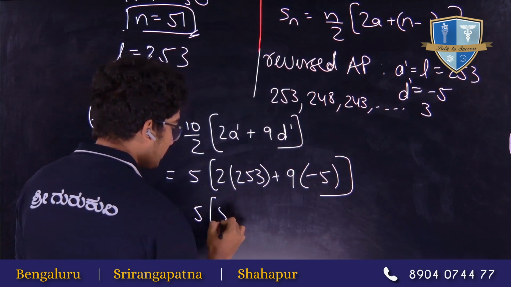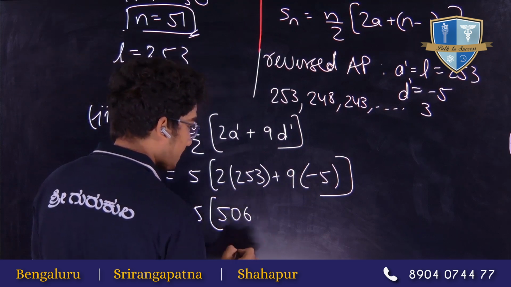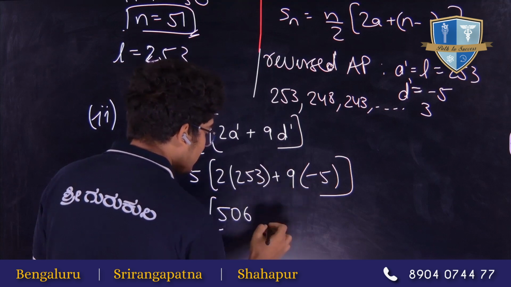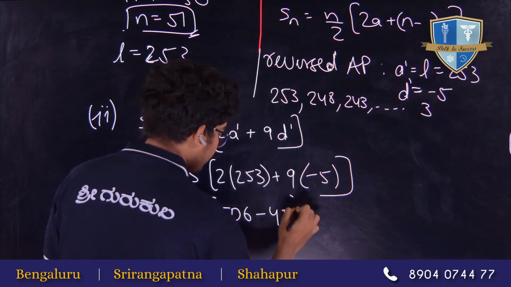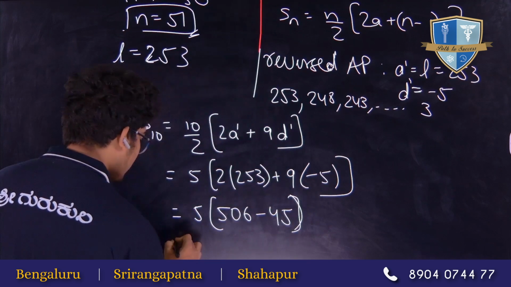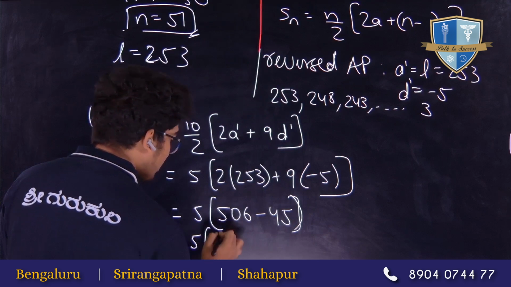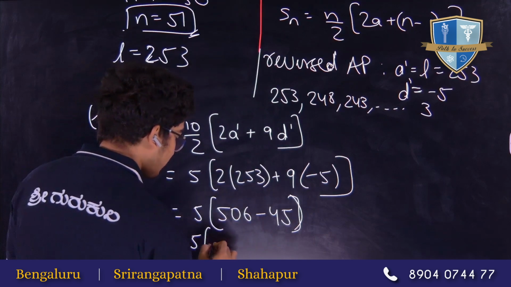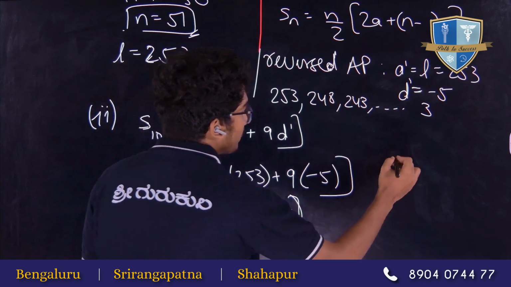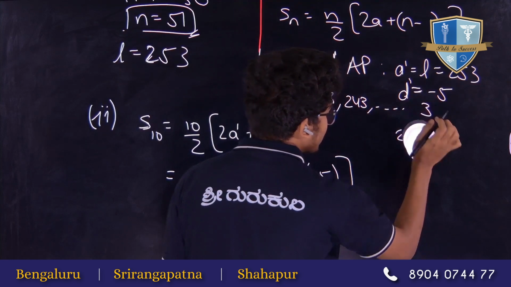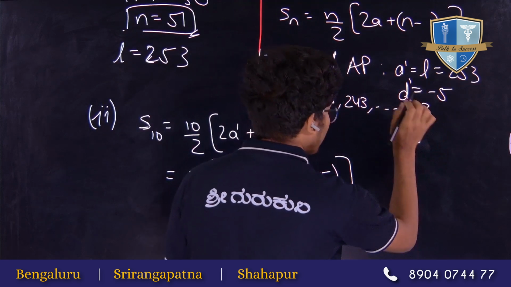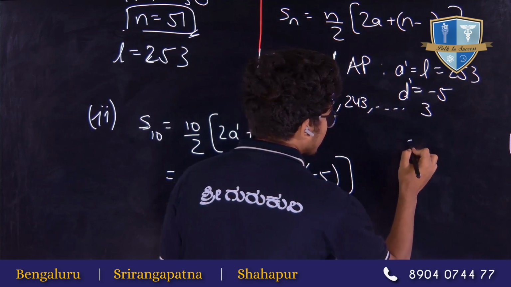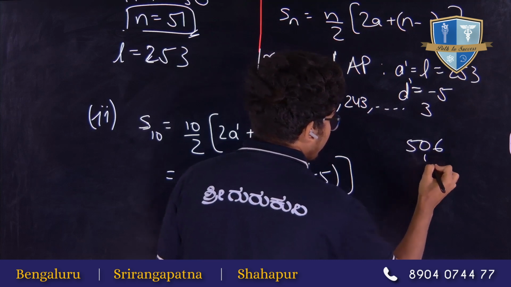So this will be equal to 5 times (253 into 2). This will become 506 plus minus 45, correct? So this will be equal to 5 times (506 minus 45).